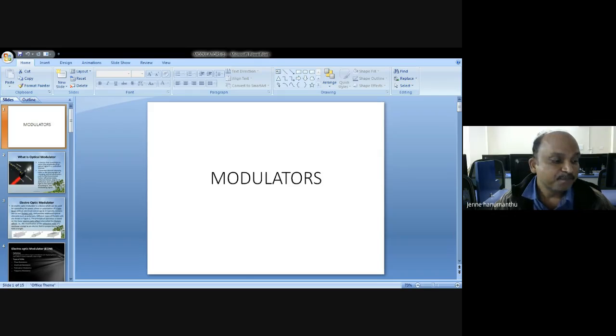The third one is high directionality. If you take an LED output and apply the light somewhere, the light may travel only a very short distance. But with the laser, because of high directionality, the laser light will travel a long haul distance, a very long distance.